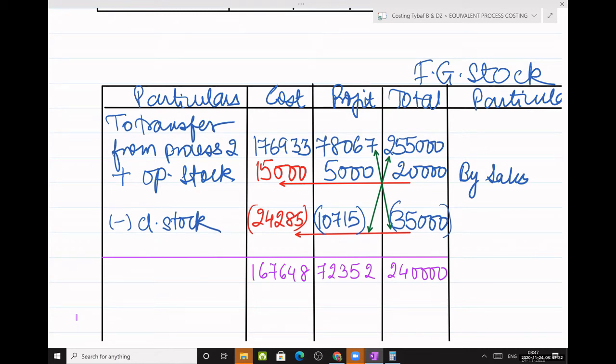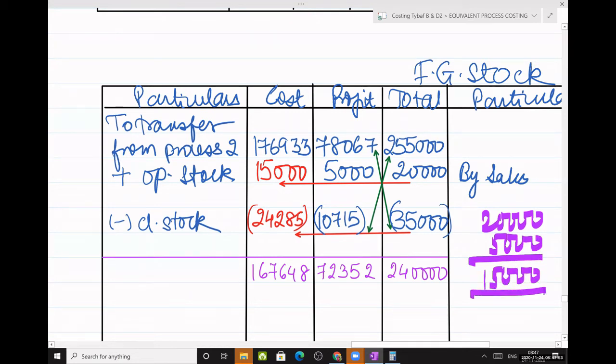Then comes the prime cost of goods produced. Then opening stock, same logic. Of the 20,000 opening stock, 5,000 is profit element, so the difference, 15,000, is the cost price of opening stock.